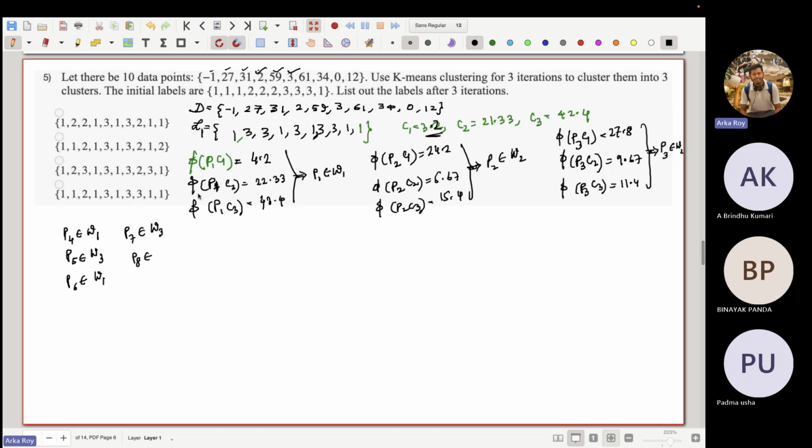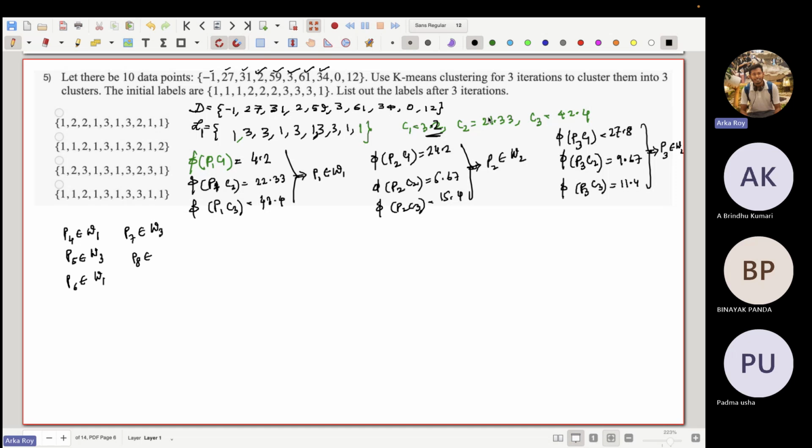Then P8 is 34. Let us see the distance: 34 minus 21.33 gives 12.67, and 42.4 minus 34 gives 8.4.